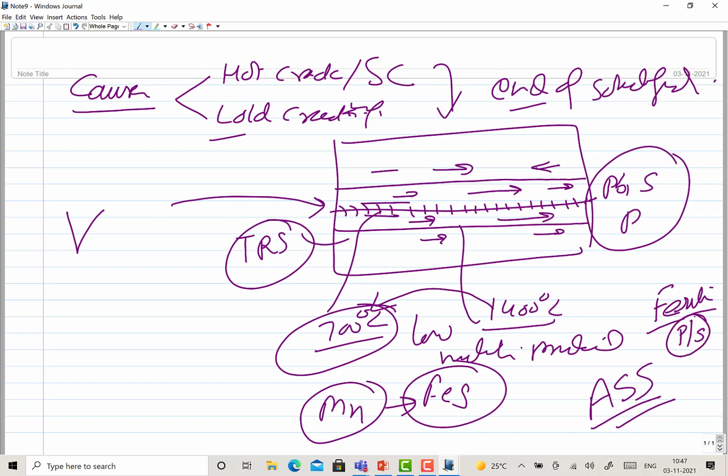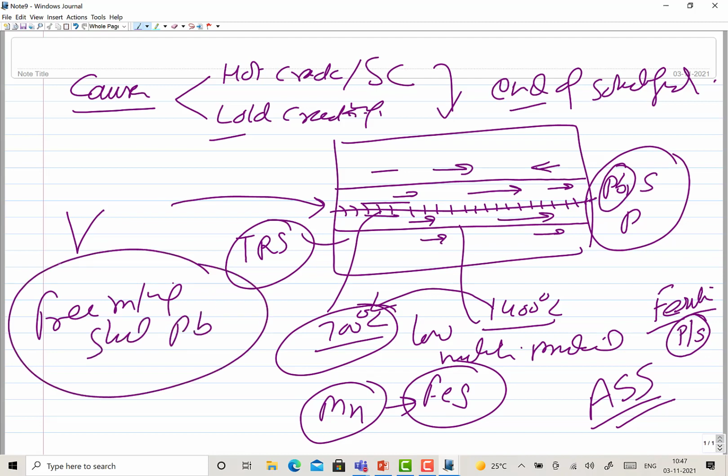So it absorbs basically, but there is no remedy for the lead. Lead is mostly added in the free machining steels. And if it is there in large quantity, you cannot do anything, there will be cracks.